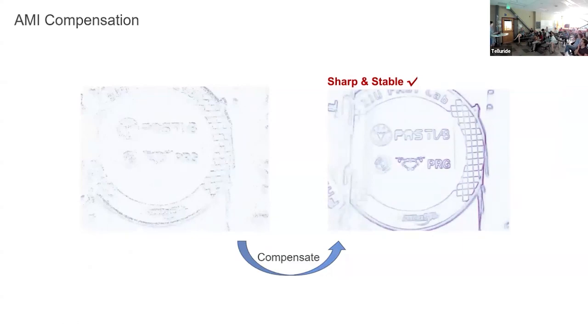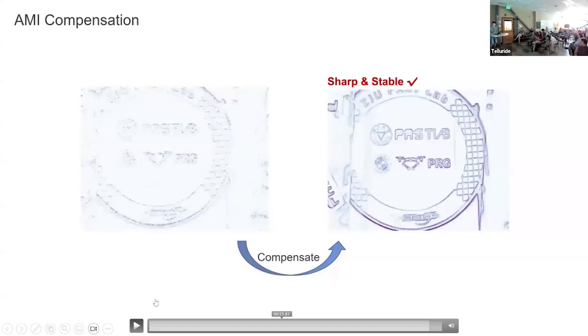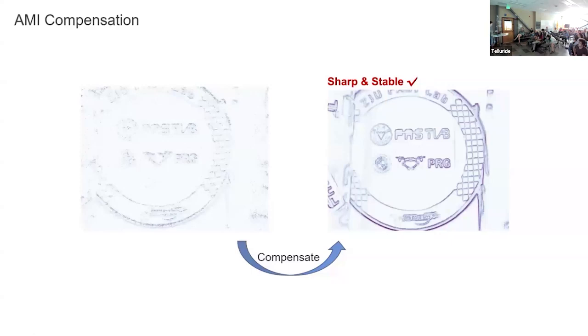A quarter circle is minimal, but sometimes it cannot be that perfect. So after the compensation, the output is just like a regular event camera. So we can use regular event camera processing algorithms to process this data.